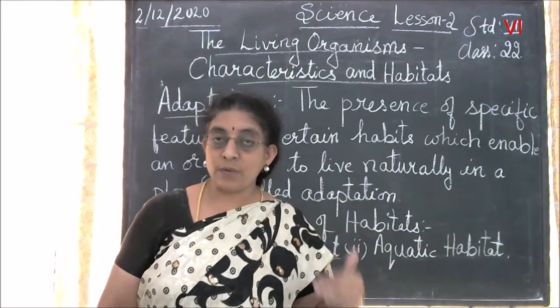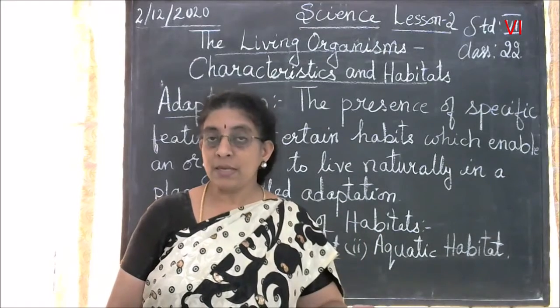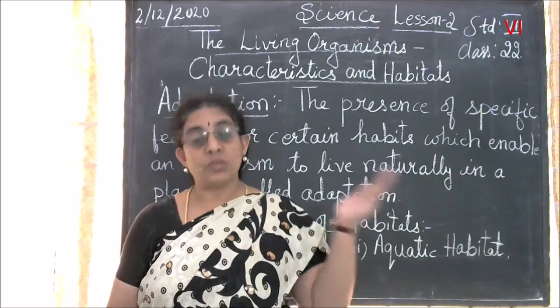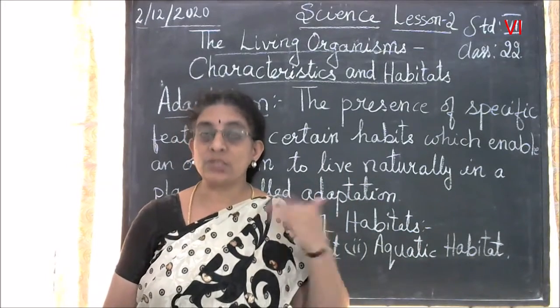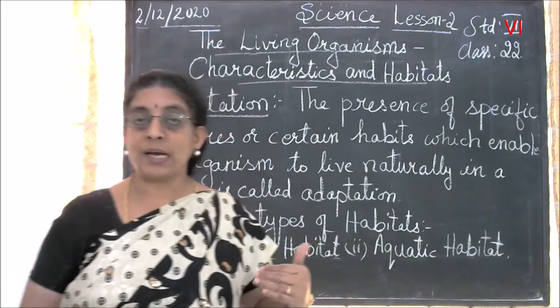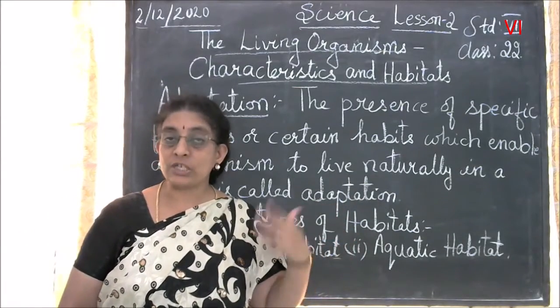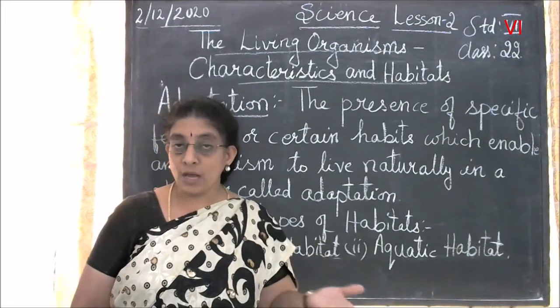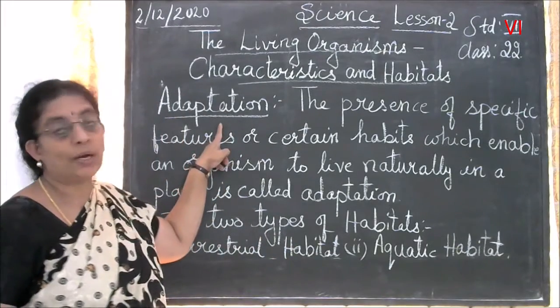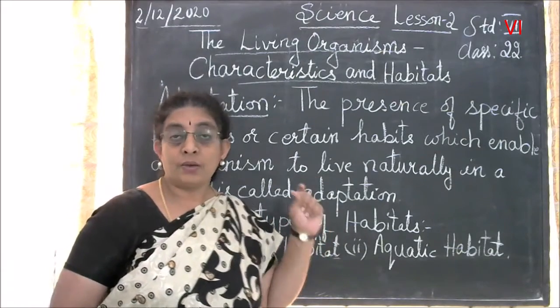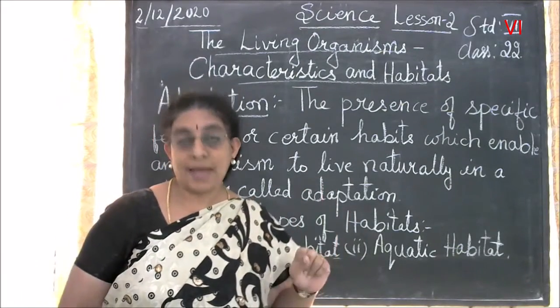In whichever way we have been brought up or in whichever habits we have been used to, those habits occur to us naturally. So such type of habits and the conditions of living or the way of living, that only is called adaptation.